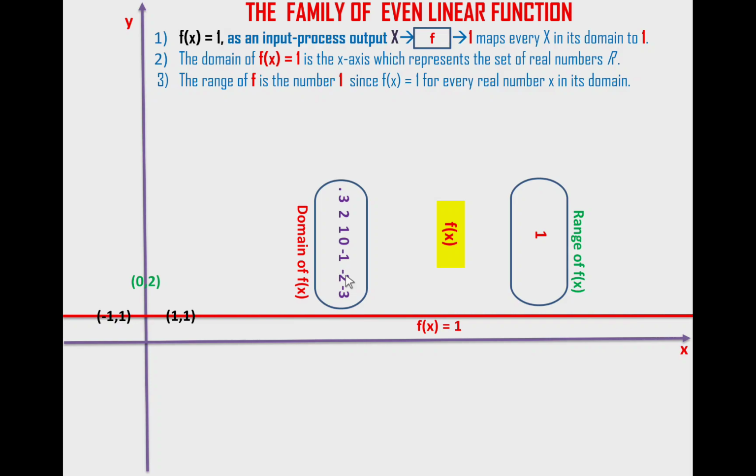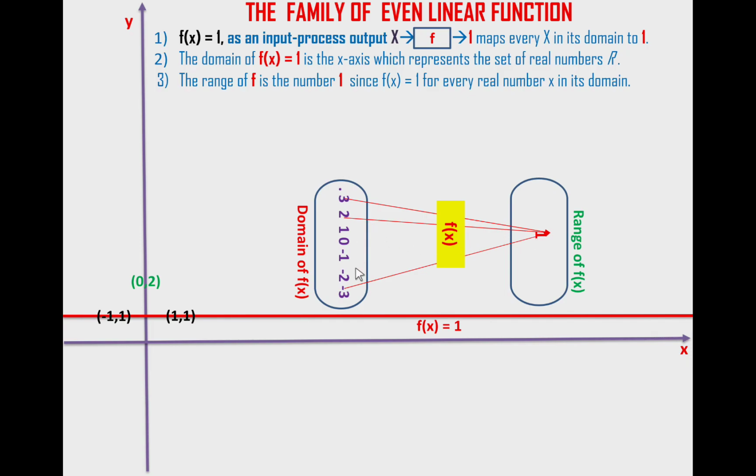So if we choose, for example, 3 as input to f of x, it will be mapped to the value 1. If we change from 3 to 2, the result is the same. If we also change to -3, we get the same result. -3 will be mapped by the function to the value 1 in the range.